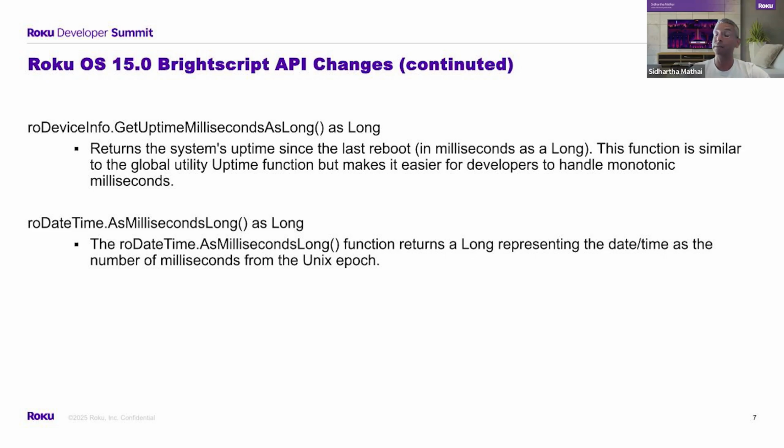Well, not previous in the sense that that function is still available, but that one was only returning in seconds. This one returns in milliseconds. And a new one for roDateTime returns as milliseconds long the date and time as milliseconds from the Unix epoch time.